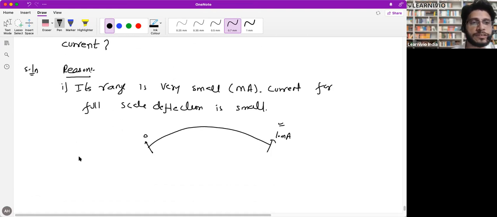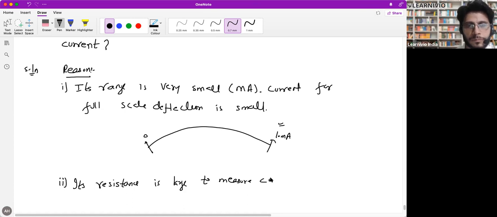Second, its resistance is large. Its resistance is large to measure current. So if you try to measure current through a galvanometer, it offers significant error in the measurement of current.